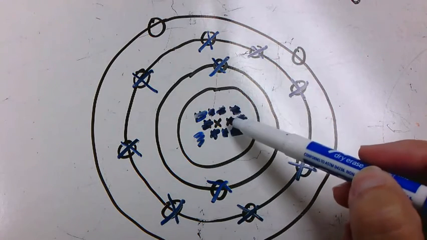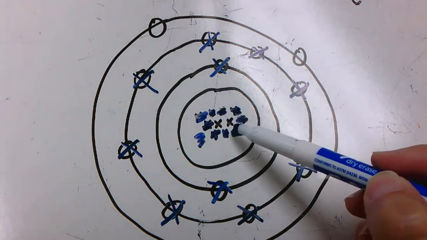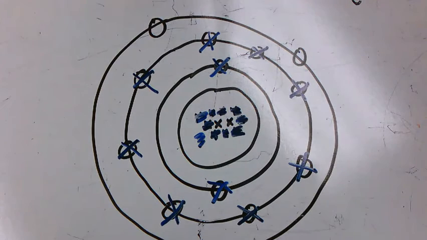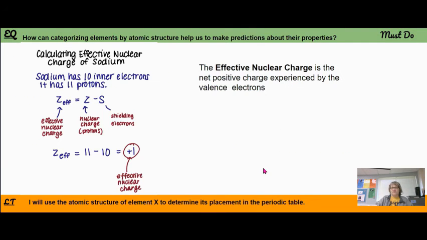So that's what makes the effective nuclear charge so important. Those core electrons shield the valence electrons from some of the attractive force of the protons. This all leads to what's called the effective nuclear charge, which is the net positive charge experienced by the valence electrons.